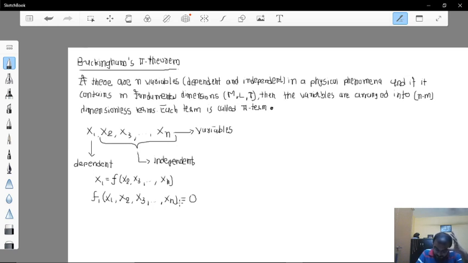So here let us say that m are the fundamental dimensions. M is equal to number of fundamental dimensions.